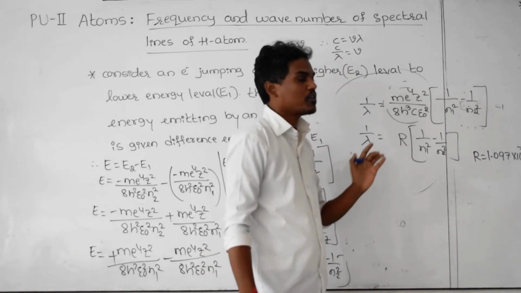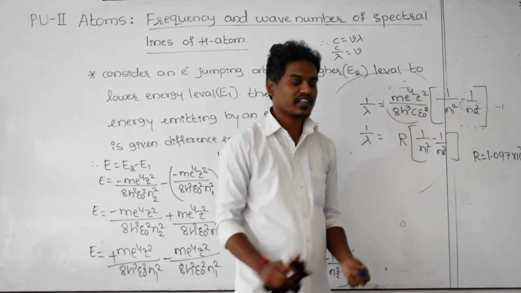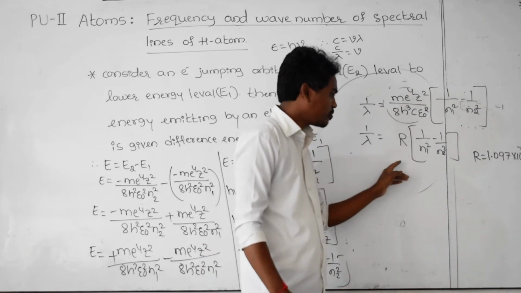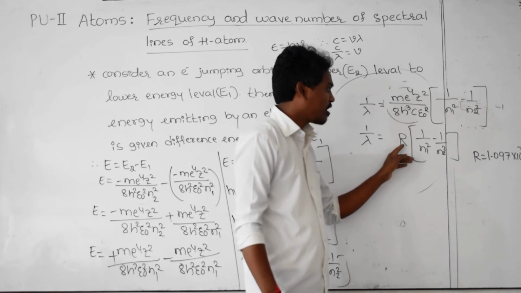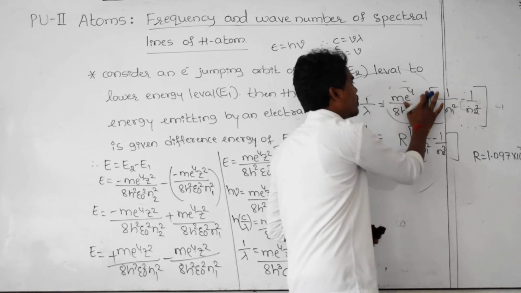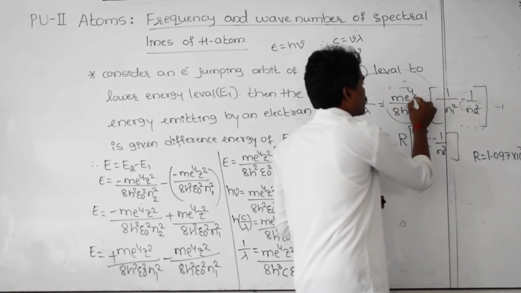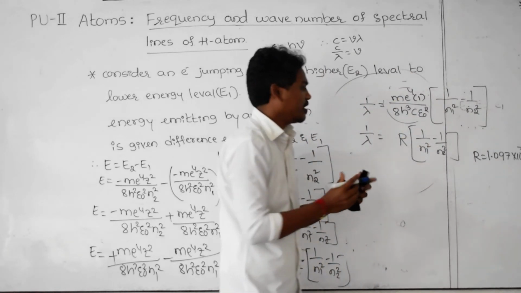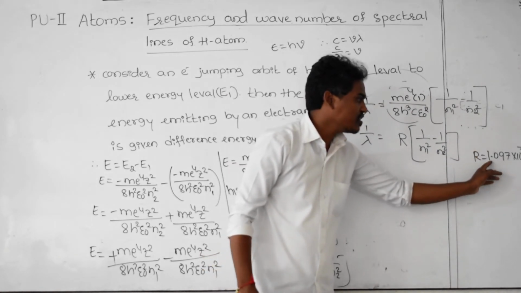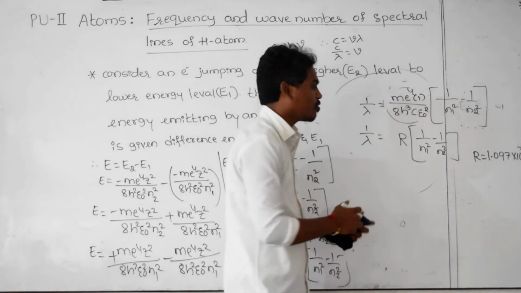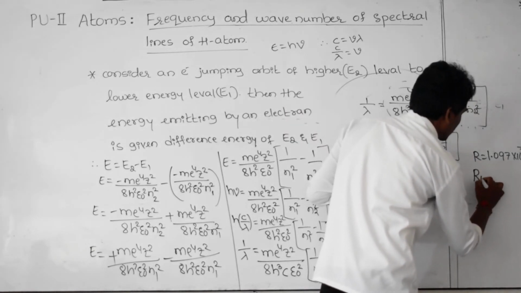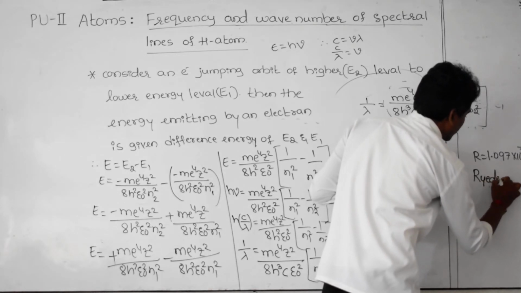This R is constant for every atom, whatever the atom is. Let us take this for hydrogen atom, that's why Z becomes 1. This value is constant, and we are going to call it the Rydberg constant.